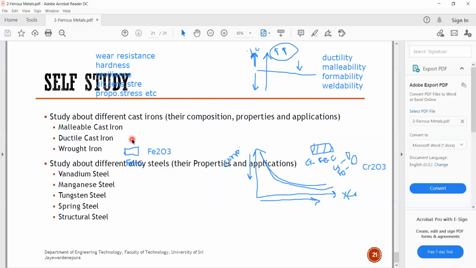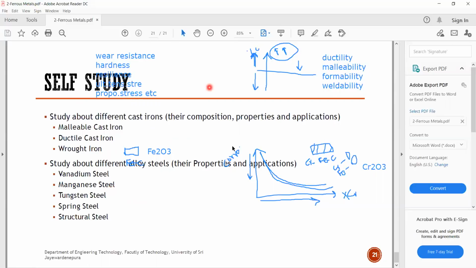First one, these are the different cast irons, so compare malleable and the others by their amount of carbon, properties and applications. Compare these three cast irons. And other thing, these are different types of steels, just again compare them using properties and applications.